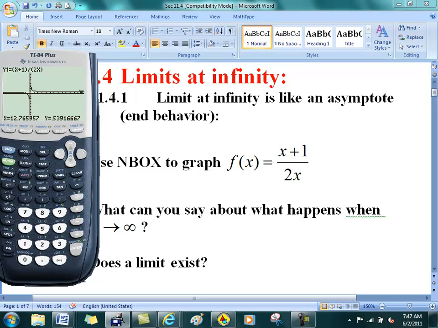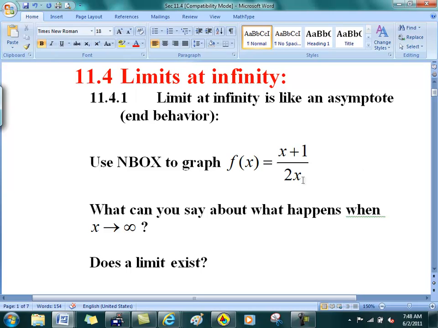Okay, so what I would suggest to you is open your book to page 148 and take a look at those rules, because that's what this is based on. And yes, it's an asymptote. It tells you right here, limit at infinity is like asymptote behavior. So this particular problem is based on the fact that the degree of the numerator is what? What's the degree of the denominator?